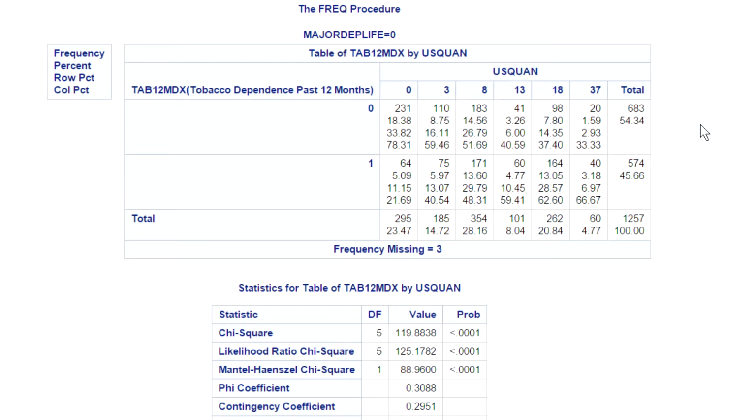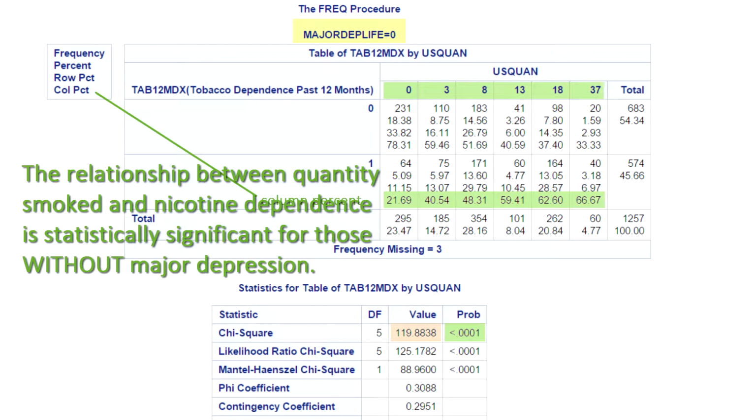First, for major depression equal to 0, which is those without major depression, the chi-square value is large and the p-value is quite small. In addition, the column percents reveal what seems to be a positive linear relationship, with percentages of nicotine dependence increasing between lower levels of smoking and higher levels of smoking.